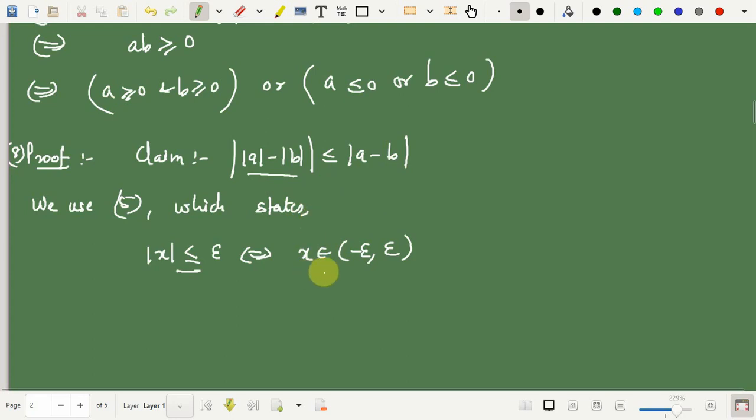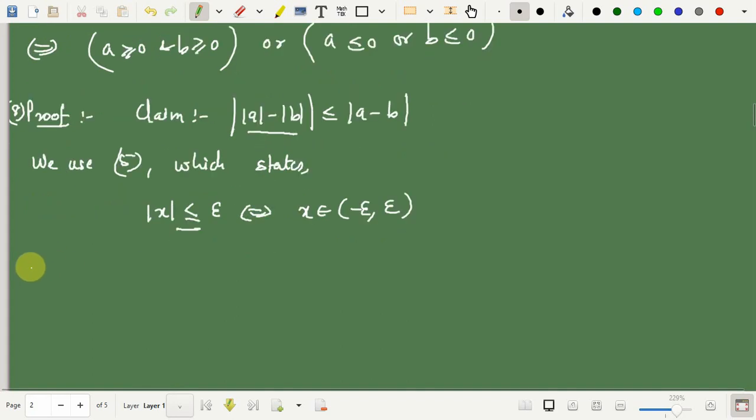So, I will simply show that x belongs to minus epsilon comma epsilon. So to attain the claim we need to show this. You compare this to this. I am going to prove that this is true provided this is true.